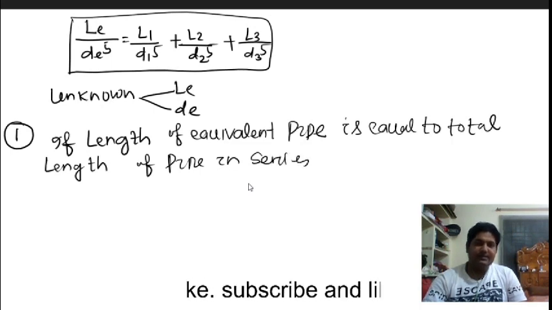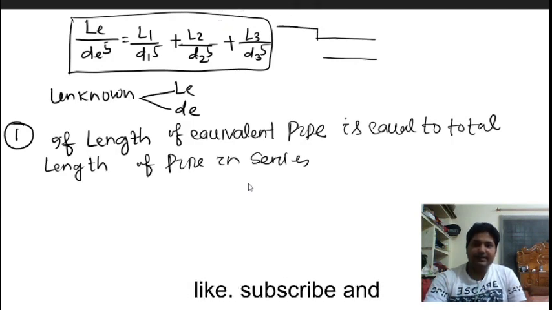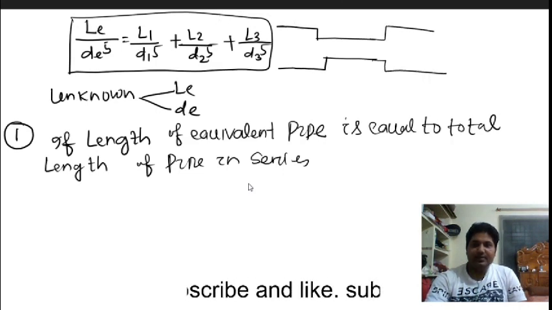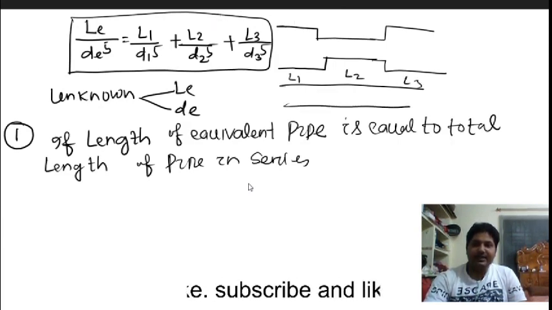Whatever the pipes in series, this is the pipe in series, and this is the equivalent pipe. So this is L1, this is L2, and this is L3, and the length of the equivalent pipe is LE.